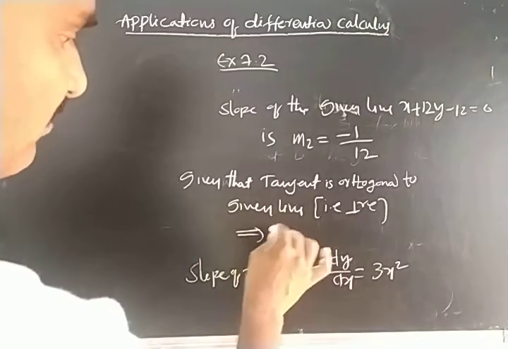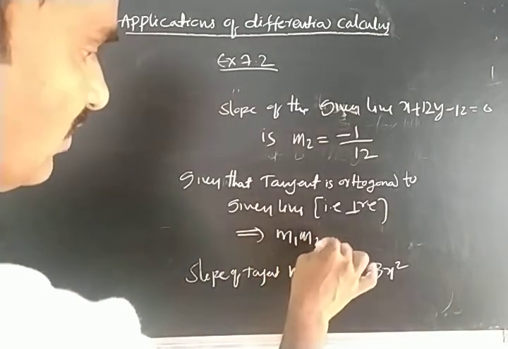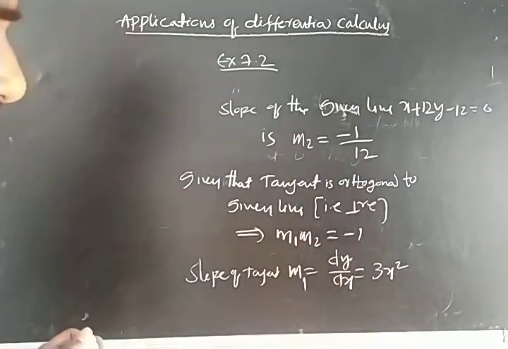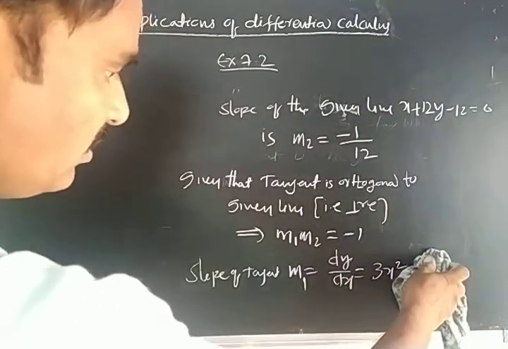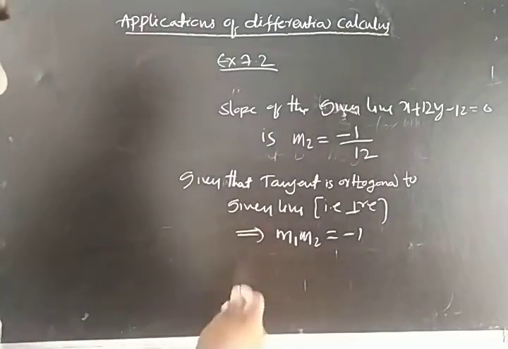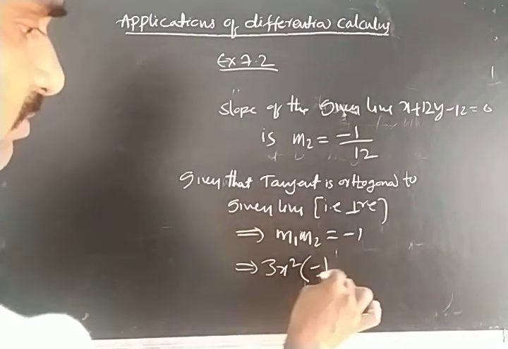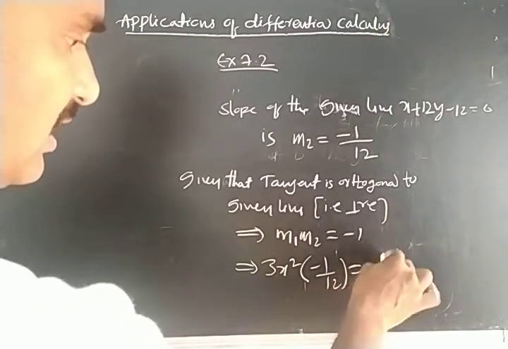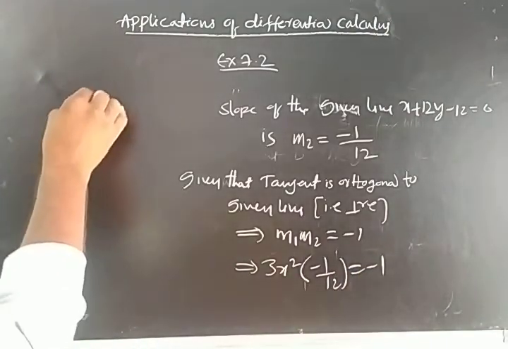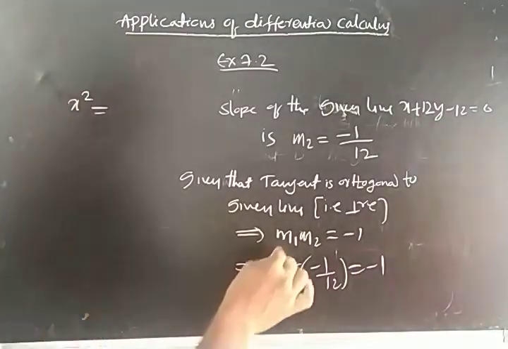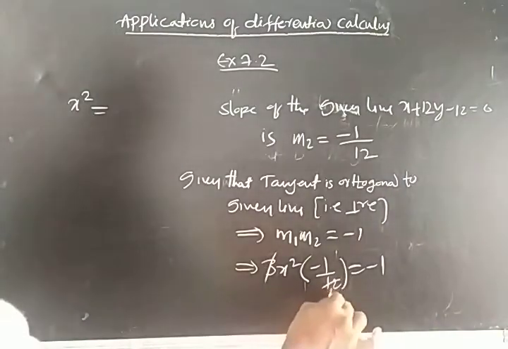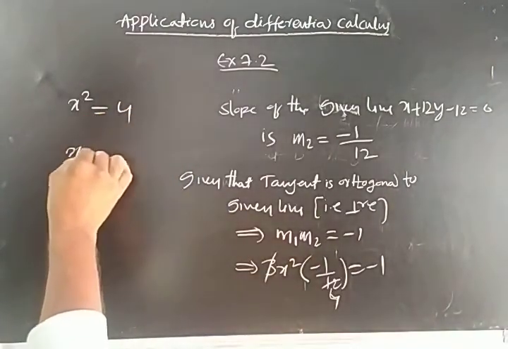So that implies m1 into m2 is equal to minus 1. m2 is minus 1 by 12, m1 is 3x square. So 3x square into minus 1 by 12 is equal to minus 1. So here you will get x square equal to 4, x is equal to plus or minus 2.